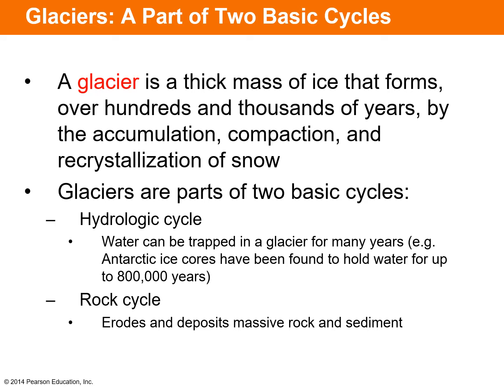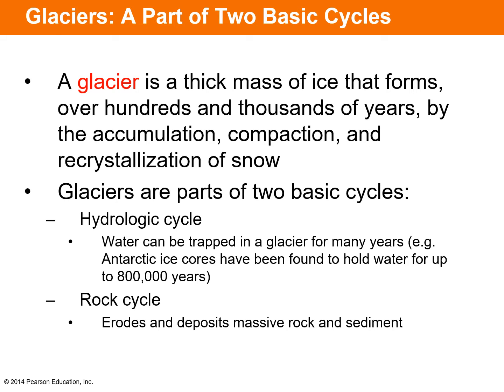So, as previously mentioned, even on the opening slide, glaciers are part of two basic cycles in the Earth system. First, obviously, the hydrologic cycle is a really important cycle that glaciers are involved in.